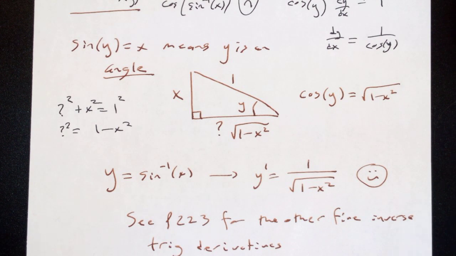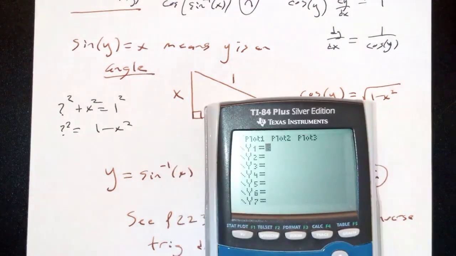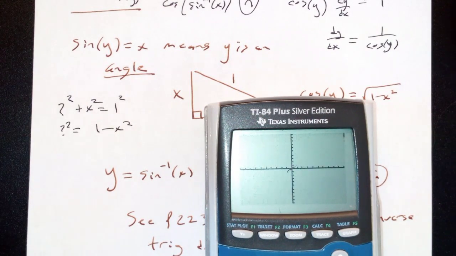If we look at the graph for the inverse sine function, it's a very small graph. That's the whole thing. And it's only going to work between -1 and 1.